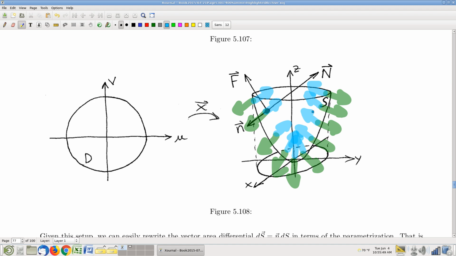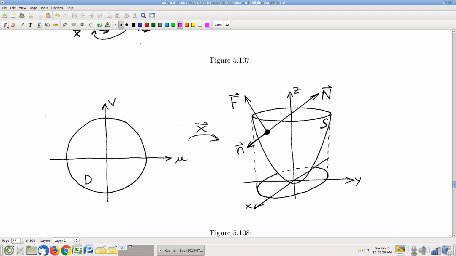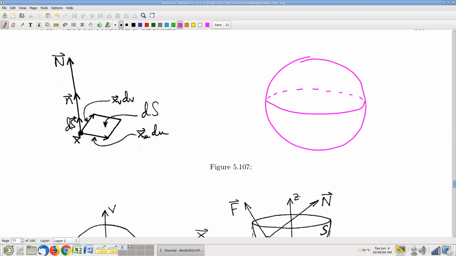So the best choice of language depends on the surface. While we're on this topic, suppose that you're talking about a sphere. Here are our two choices of orientation. These vectors are all perpendicular to the surface, and these vectors are all perpendicular to the surface.